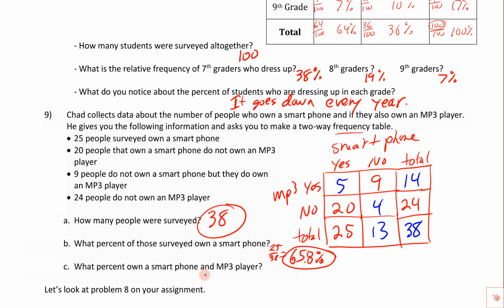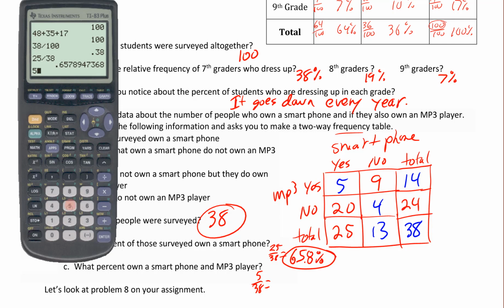It says, what percent own a smartphone and an MP3 player? So those people need to be yes in both categories. They need to be yes, I own a smartphone, and yes, I own an MP3 player. So that's only 5 out of 38. So we'll grab our calculator. 5 divided by 38.